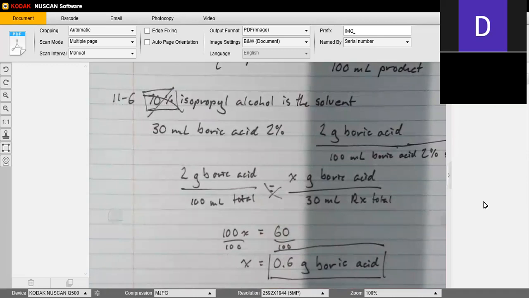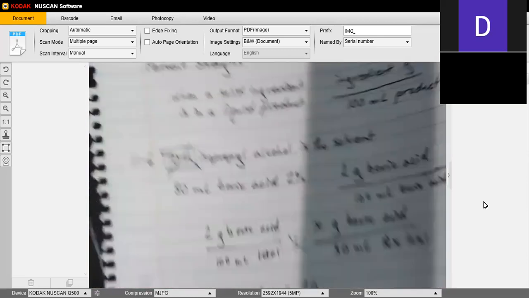Now, as I go to my other examples, we can also use this to approach example 11.8.